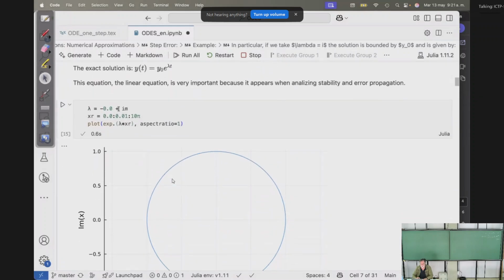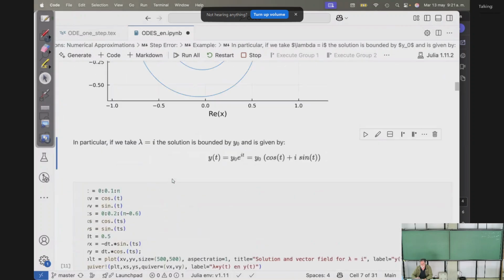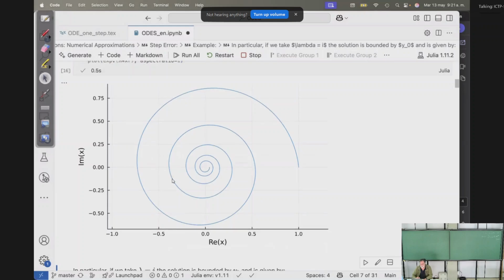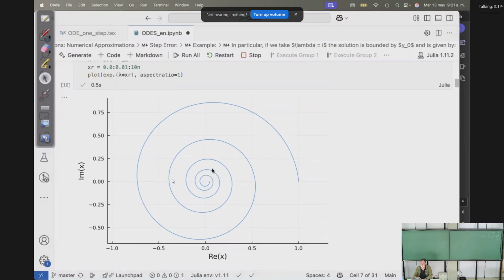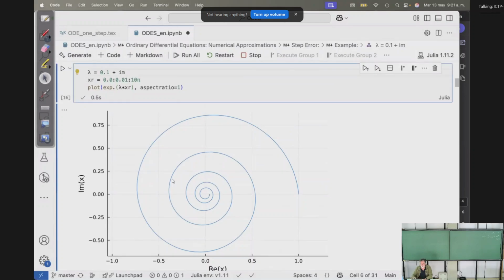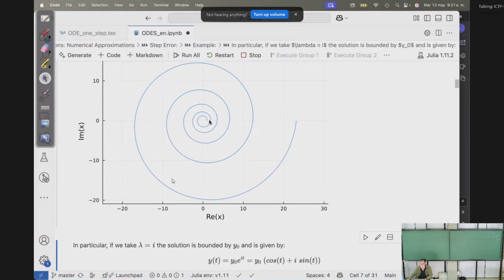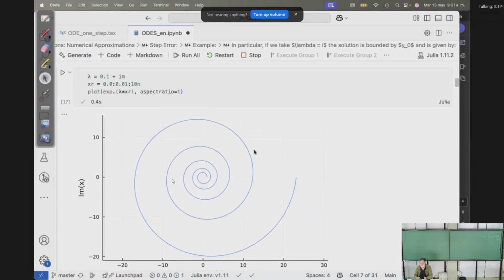If the real part is negative, we have an orbit that is decreasing, so we start here and go spiraling in. And of course, if it is positive, we have the spiral the other way around. So the solution starts here always and gets bigger. So we know everything about this.